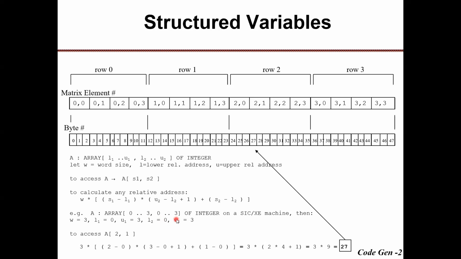It's pretty straightforward. We have a 4x4 square matrix. But we could set these to other values. If we wanted to go from -3 to 0, we could have done that. If we wanted to go from 1 to 4, we could have done that. And the column values could be different from the row values.